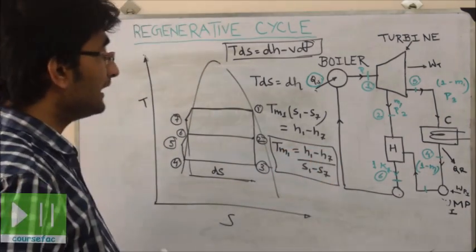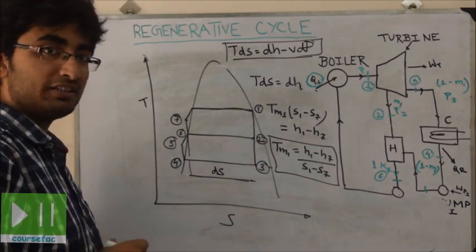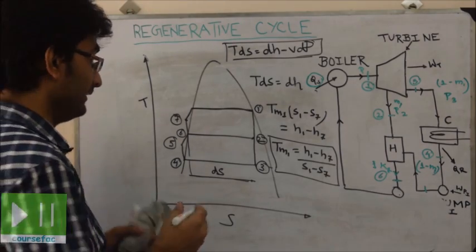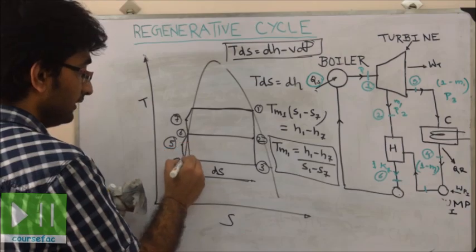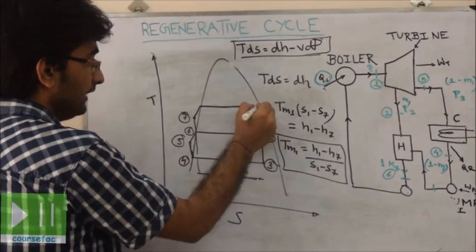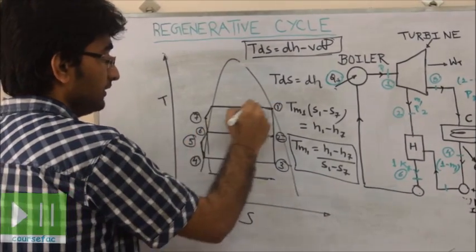Now, without regeneration, like for Rankine and for reheat cycle, the heat is supplied from process 1 to 5. This is 5, that is 1. This is an isobaric process.